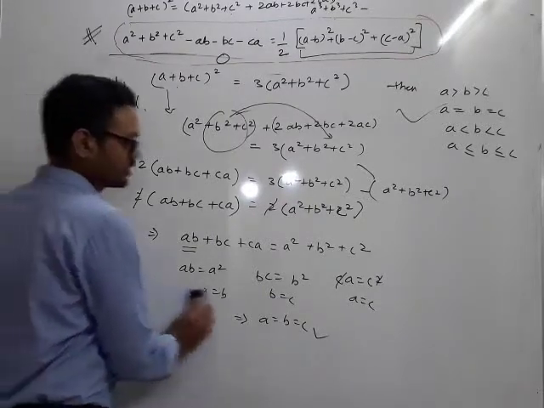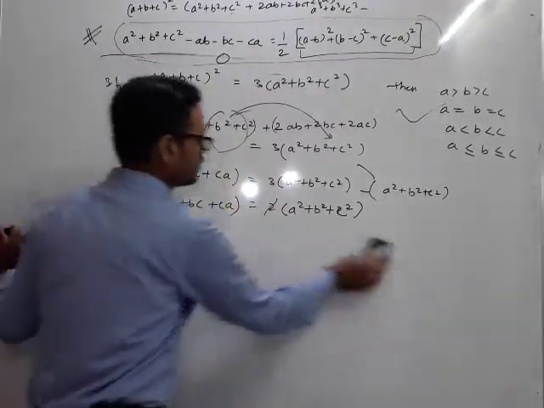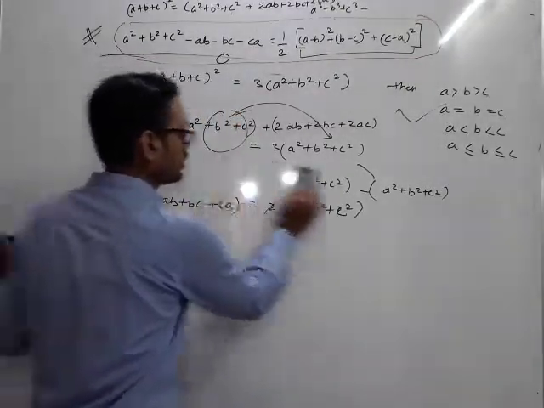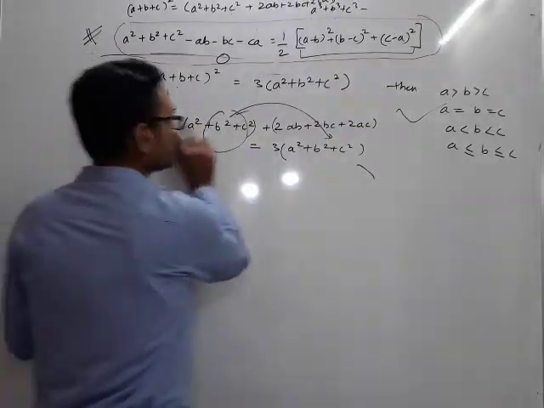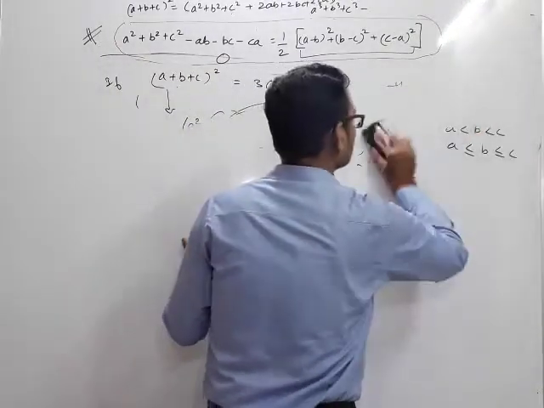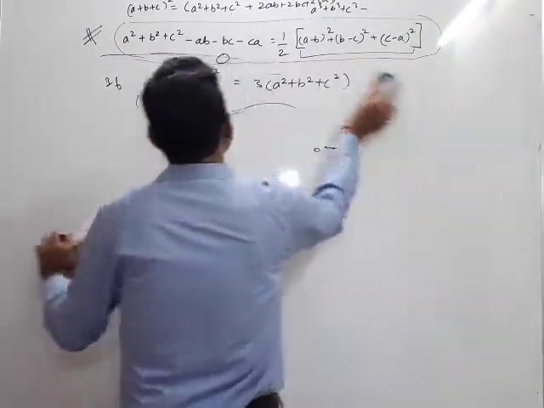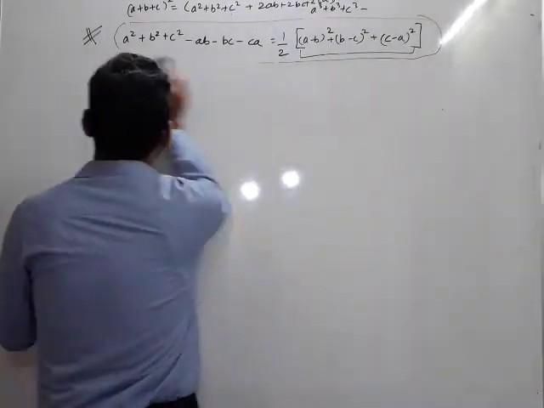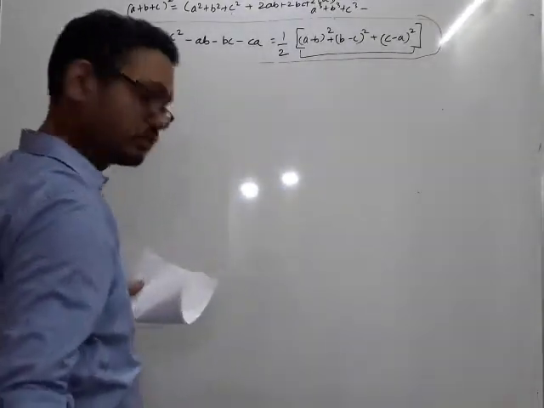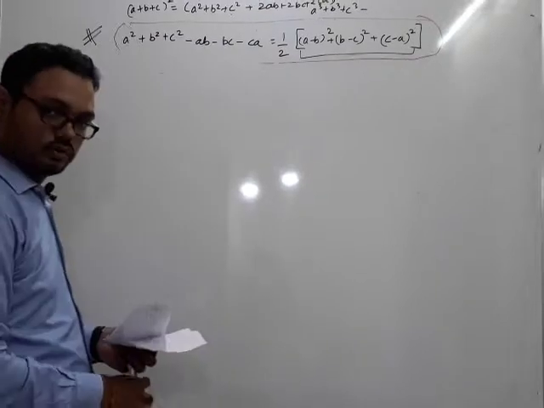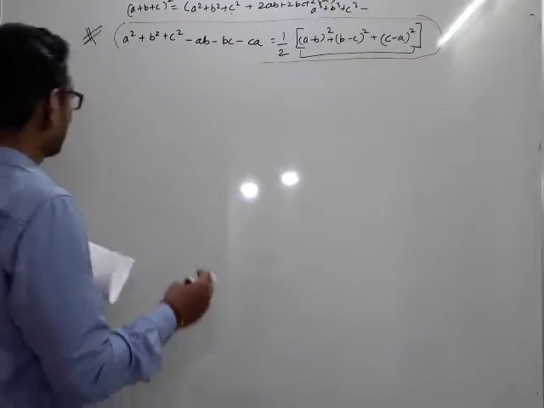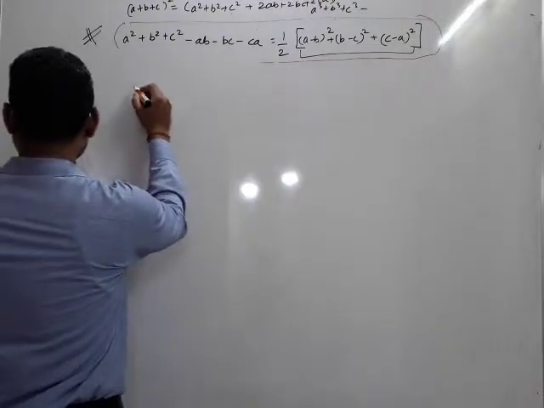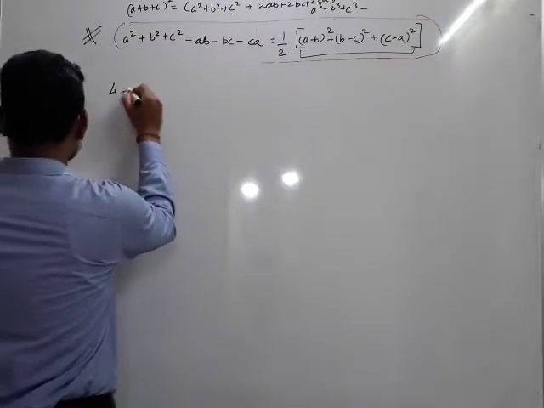Now moving on to the next type, where A plus B plus C is given and you have to find something pertaining to that. Alright, the next one, it's of another type, question number 4.